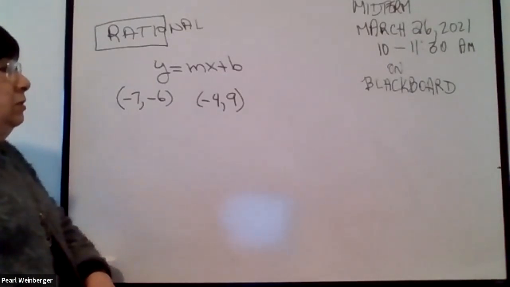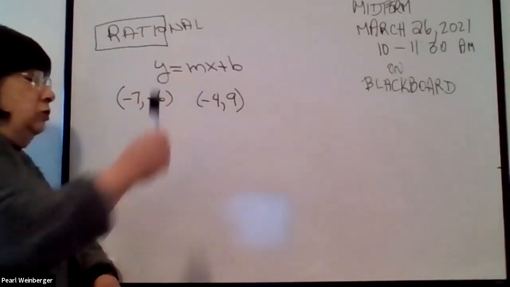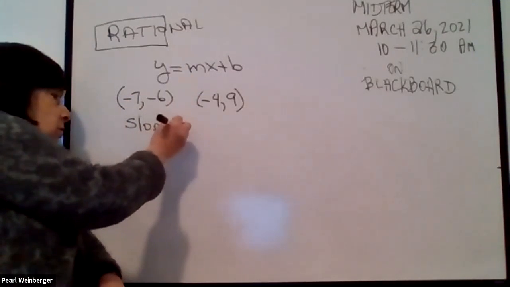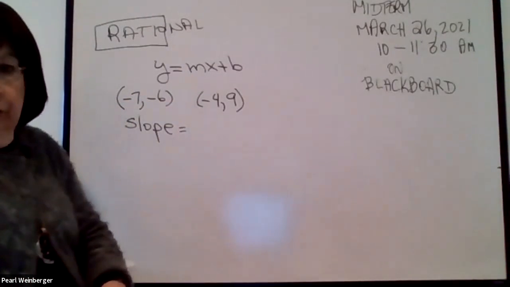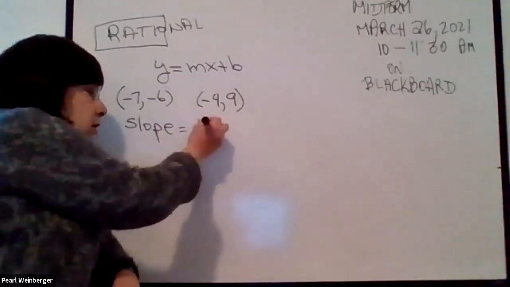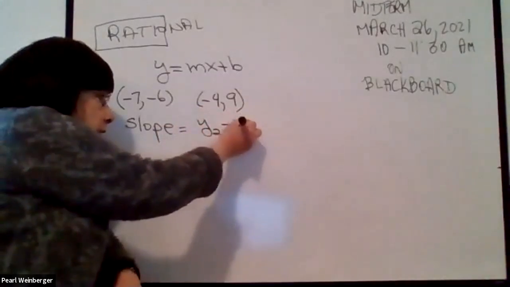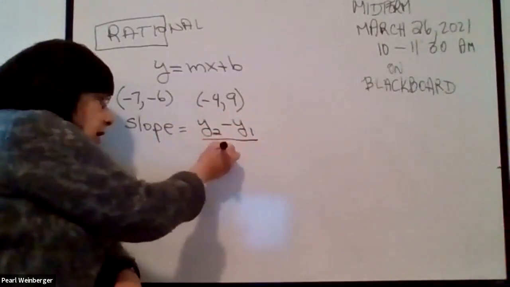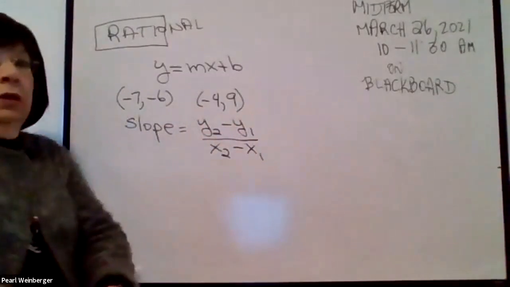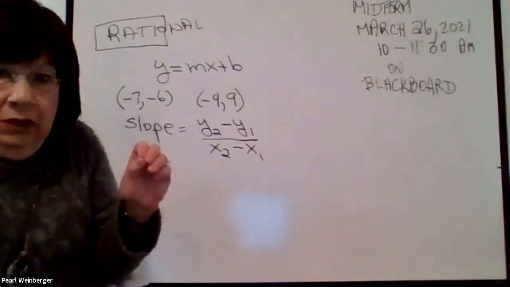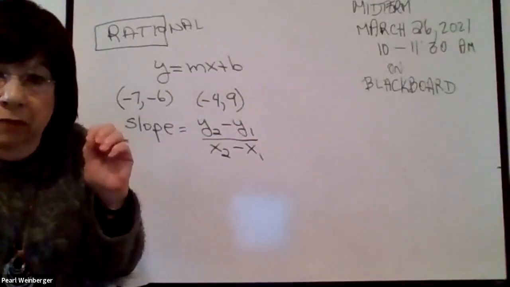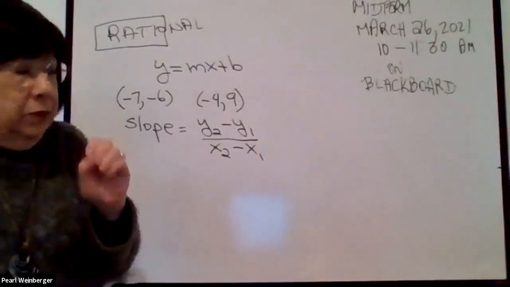So how are we going to find the first thing, which is the slope? We know that the formula for the slope is y2 minus y1 divided by x2 minus x1. Whenever we are given 2 points on the line, we use the slope formula to figure out its slope.